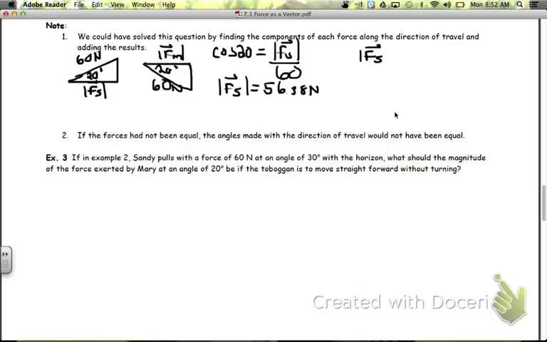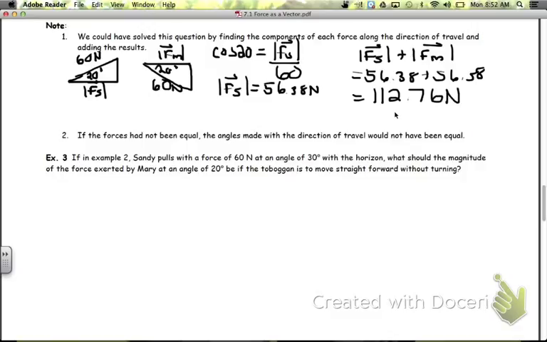So the force of Sandy plus the force of Mary, we add those together, 56.38 plus 56.38, and we are going to get 112.76 newtons. If the forces had not been equal, the angles made with the direction of travel would not have been equal. So we would have had to find them out individually, and couldn't just add them together.